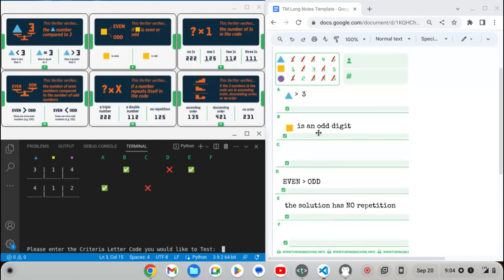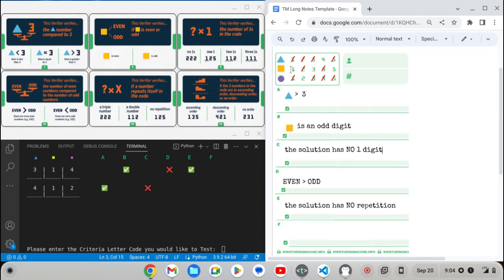Yep, so there is no 1 digit. Let's type that up in section C: the solution has no 1 digit.